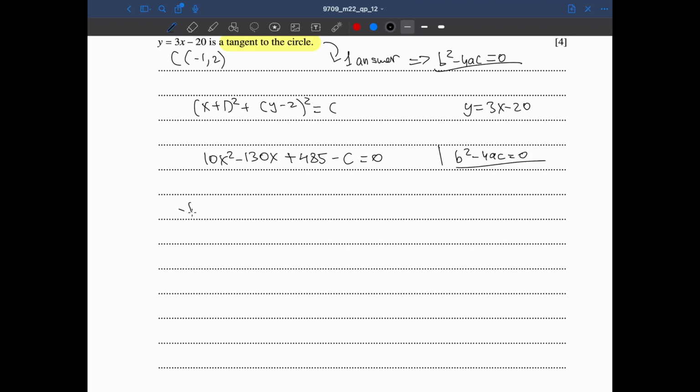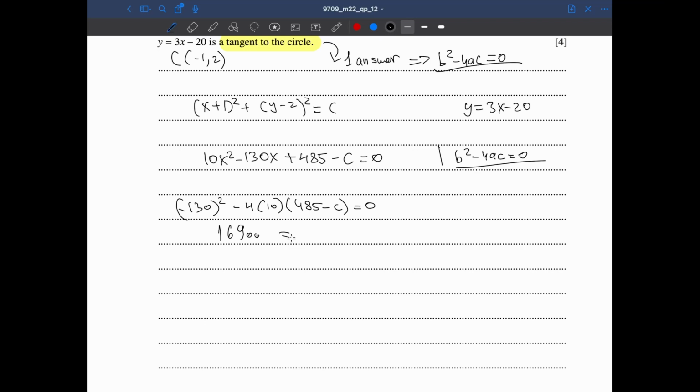So our b is negative 130, that's squared. a is 10, and c is 485 minus c. And this whole thing equals 0. All right, so let's do 130 squared. That equals 16,900.